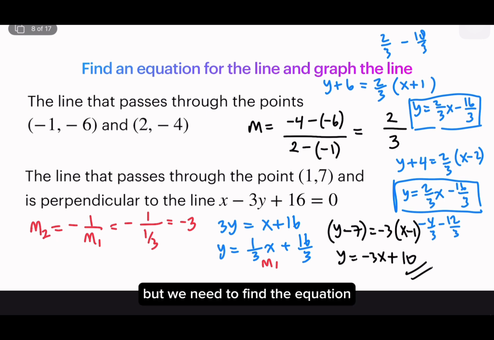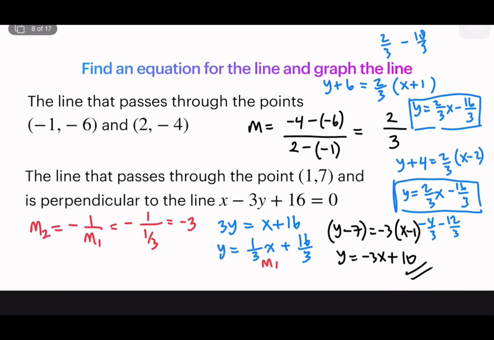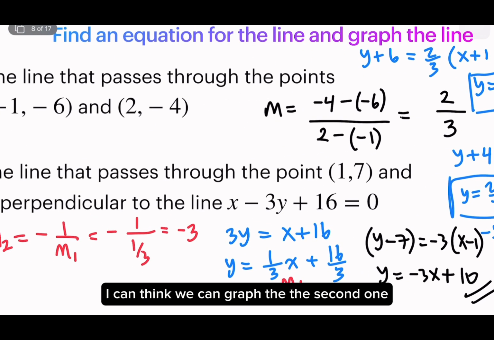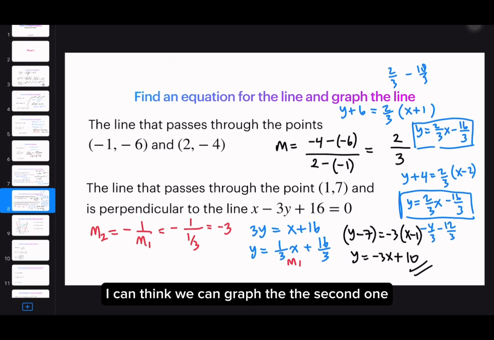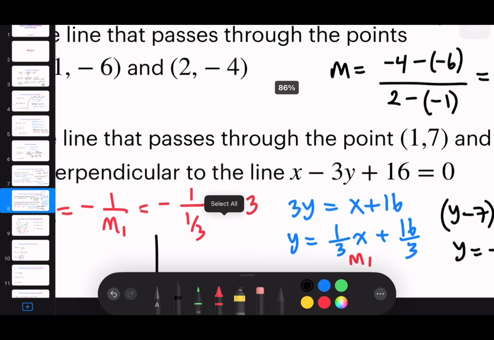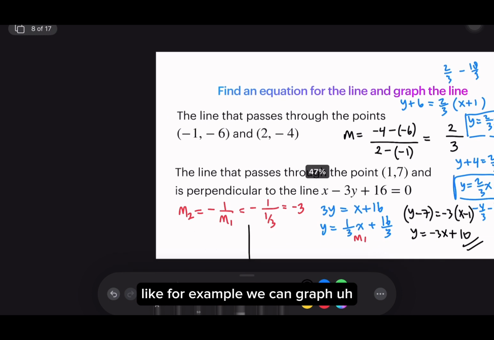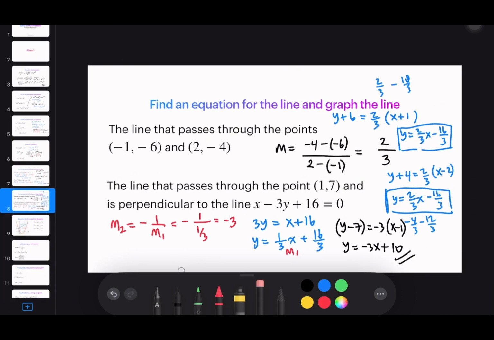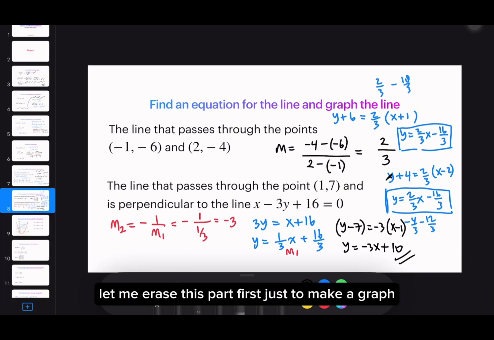But we need to find the equation first. Yeah, but for the graph is my question. I think we can graph the second one. Like for example, we can graph. Let me erase this part first, just to make a graph.